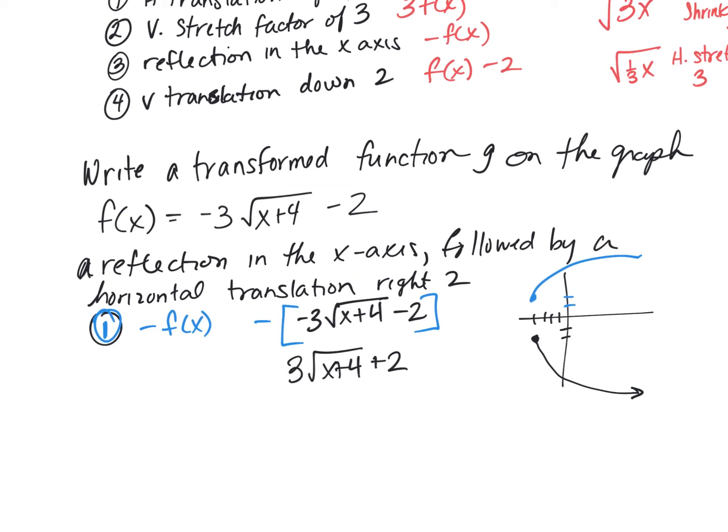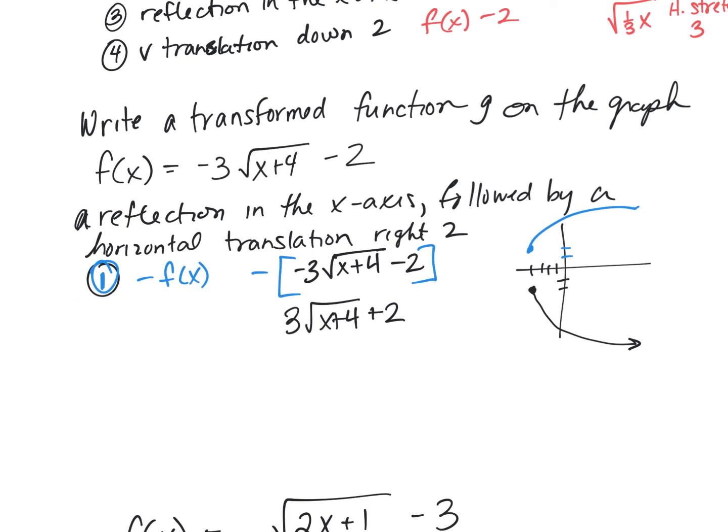And then the second step is a horizontal translation right 2. That's f of what? X minus 2. Yeah, 2x and 1/2 x would be horizontal shrinks and stretches. Right and left, all translations are adding and subtracting. Shrinks and stretches are multiplication.